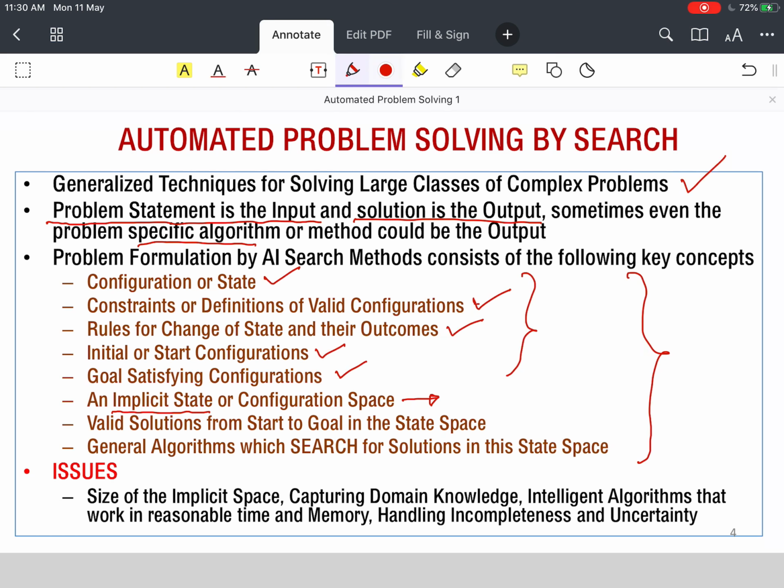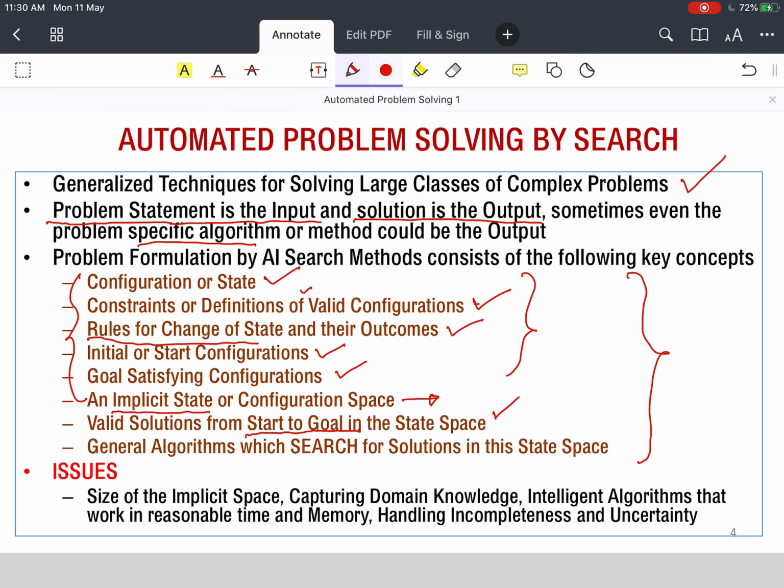This implicit state space is implied by all these items. That means the rules of state change, the validity rules, and the initial and the goal state. And given a problem description in such a manner, we are requested to find a valid solution from start to goal in this implicit search space. Obviously, this implicit search space is extremely large.